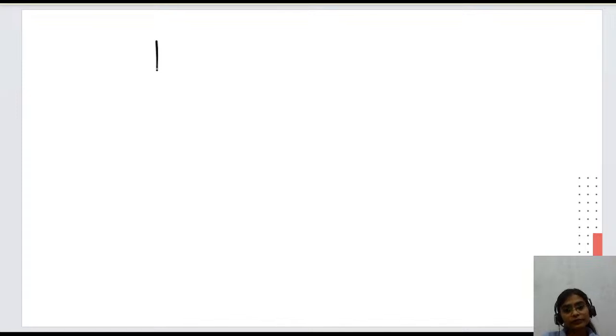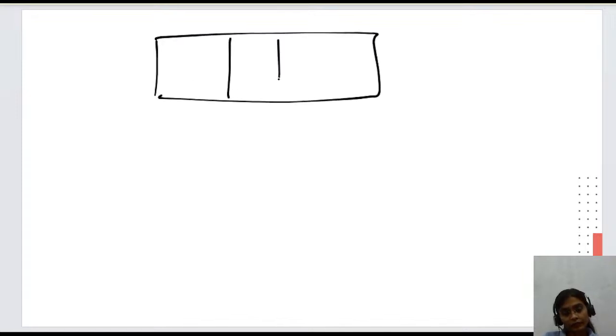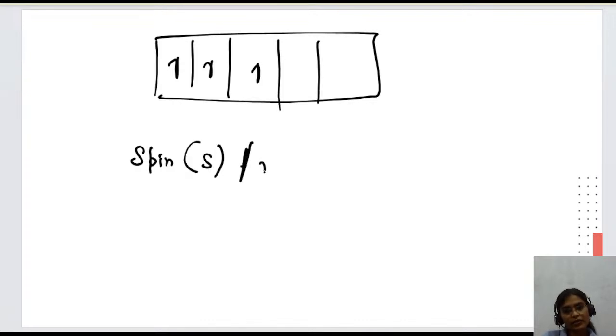For example, find out the spin. You know the spin quantum number S, or you can say ms. So what is the value of the spin quantum number? What is the value for the spin here? Come on, it's a very basic question of atomic structure.